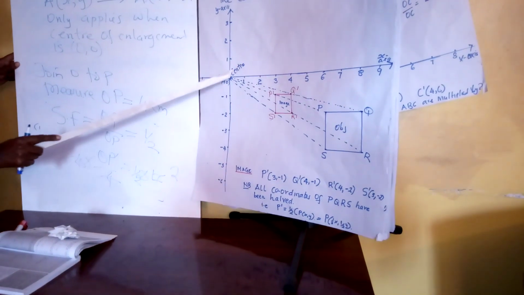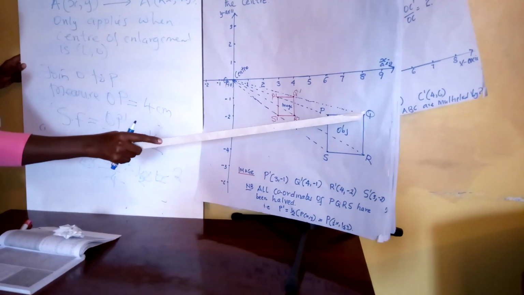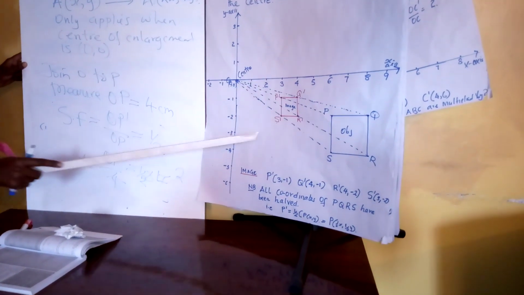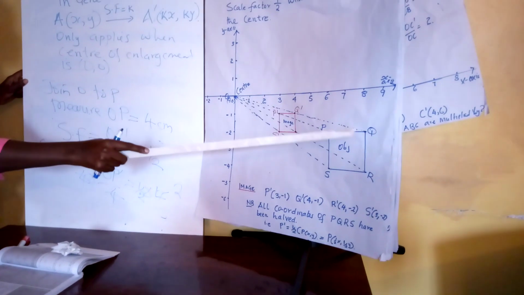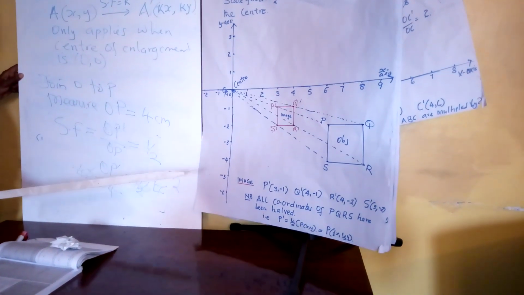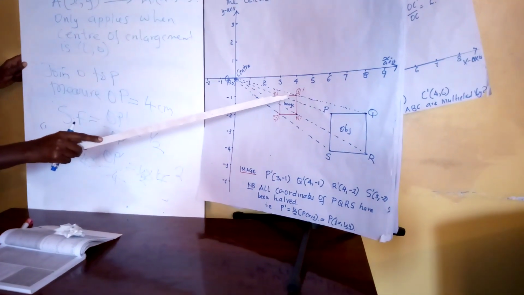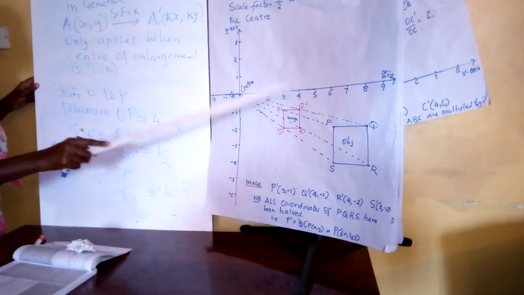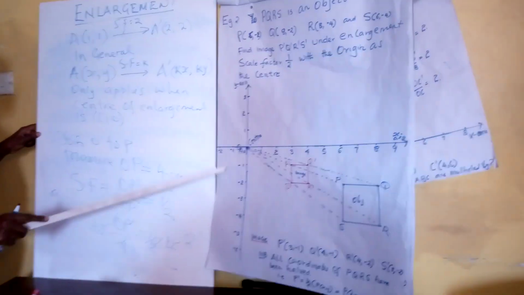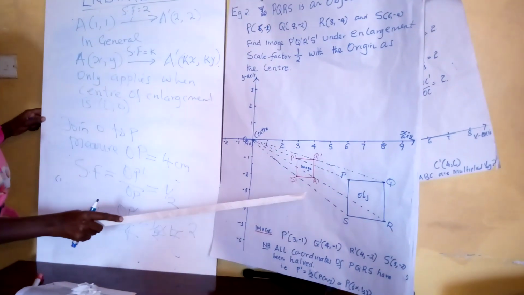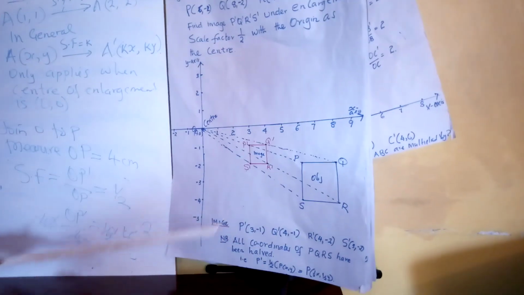Repeat the same process for Q. Join Q to O, measure the length O to Q, multiply that length by a half, which is our scale factor. So where you get the half, that is where your Q prime will be. Same case with S and R. So you repeat that same process.